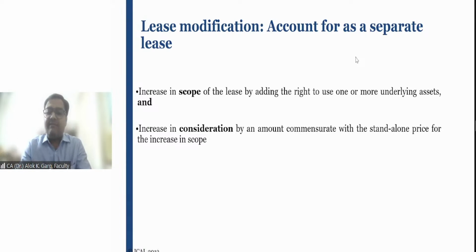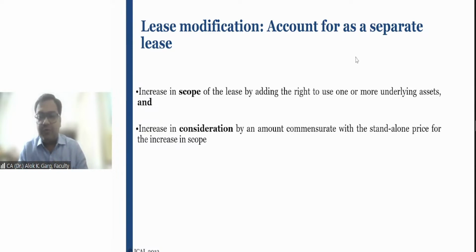Now, whenever there is a lease modification, either it will be a separate contract or it will be an adjustment to the existing contract. You all agree with me? First of all, whenever there is a change in the scope of the lease, the consideration of the lease, or the lease term, the ROU and lease liability accounting needs to be revisited.